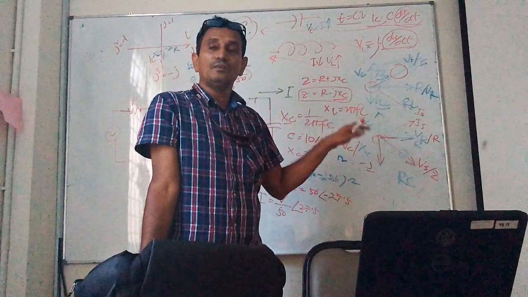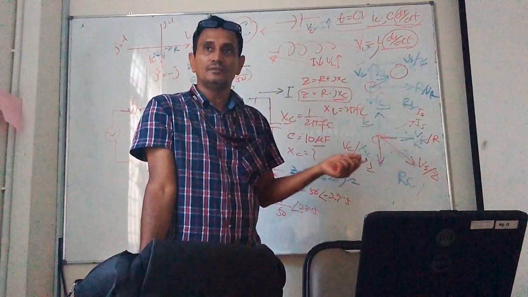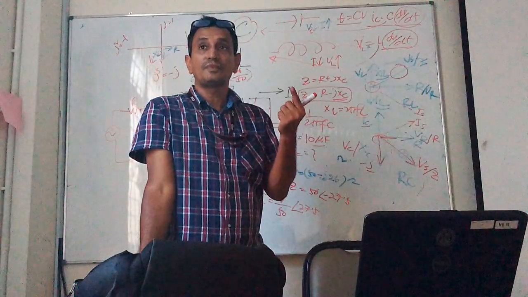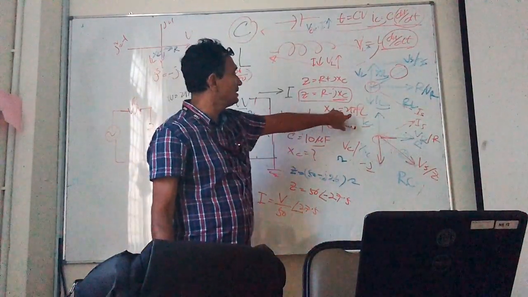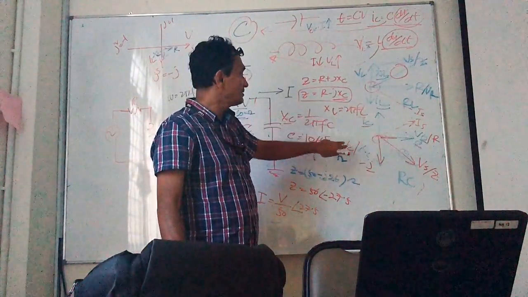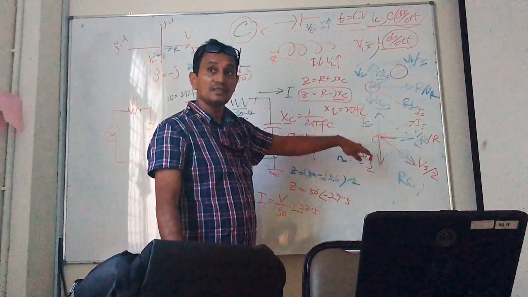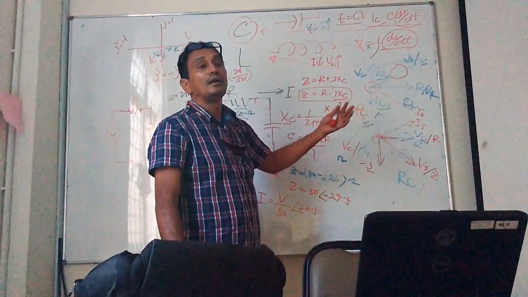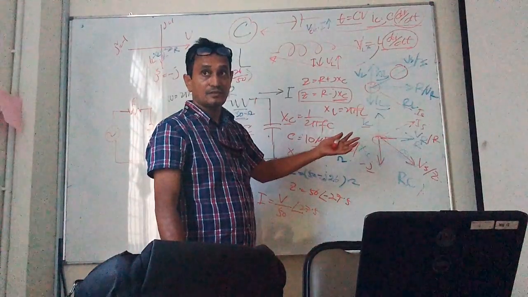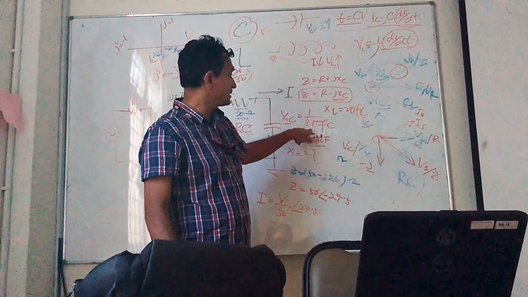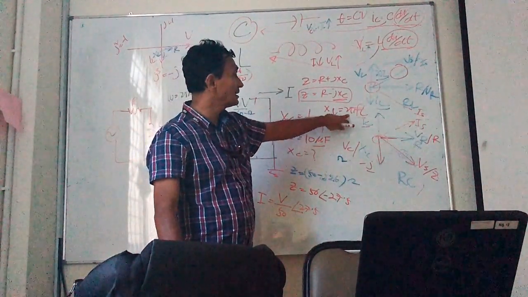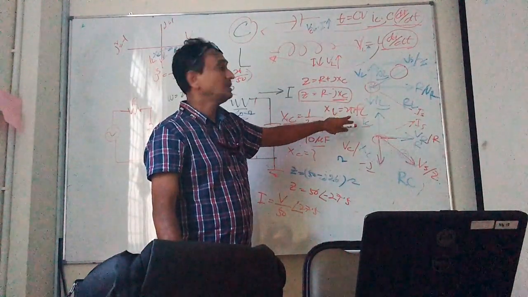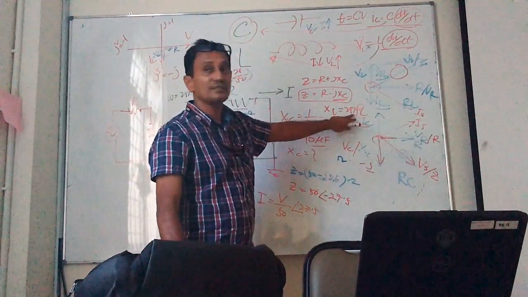Then whatever you want to calculate depends on your values. Your inductance value and its frequency will determine your inductive reactance, which makes your impedance parameter and your leading or lagging factor. Capacitive reactance follows this relation, inductive reactance follows that relation.